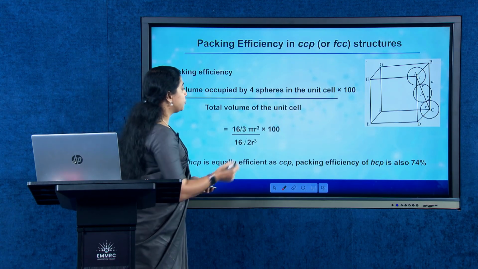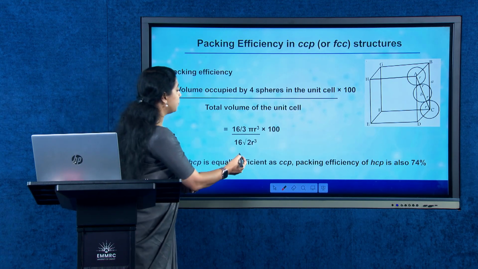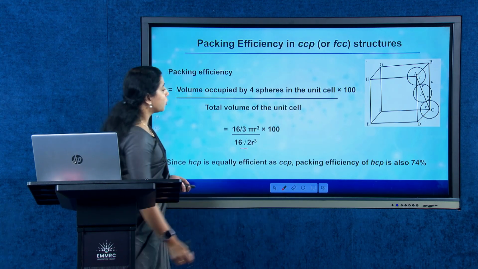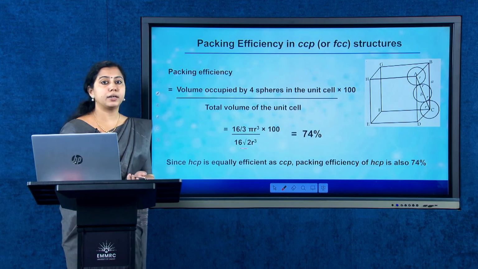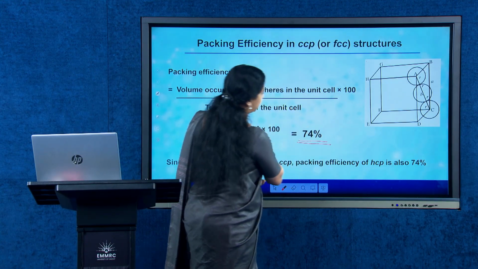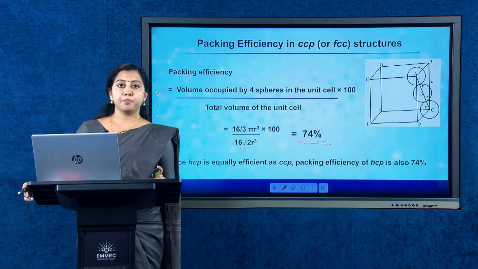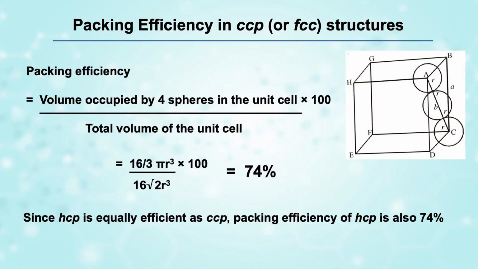Volume occupied by the 4 spheres is 16 by 3 pi r cube and total volume of the unit cell is 16 root 2 r cube. So into 100, that will give rise to 74%. So we can say that the packing efficiency in a cubic close packing or face centered cubic arrangement is 74%.